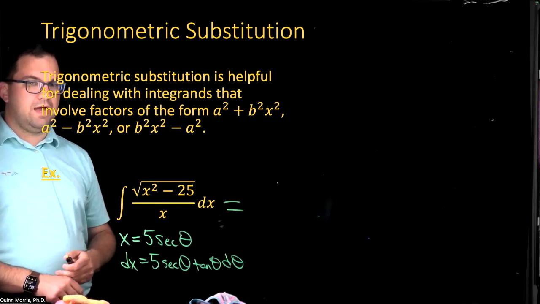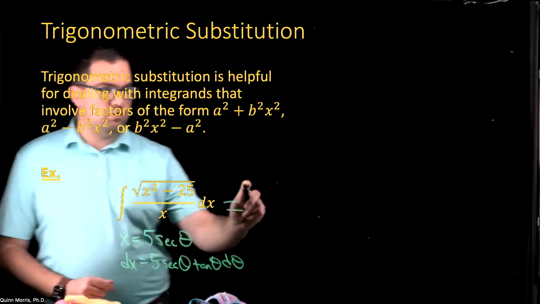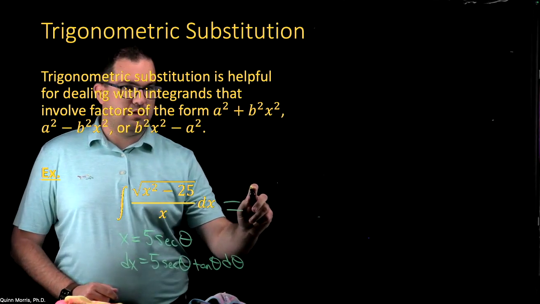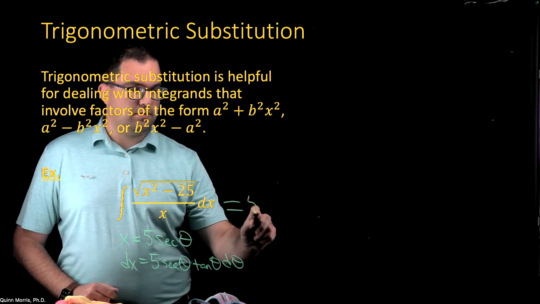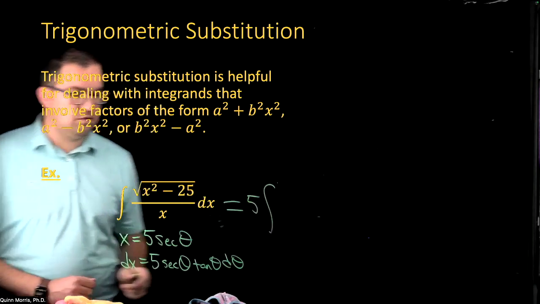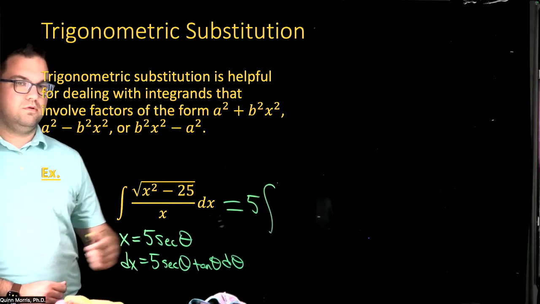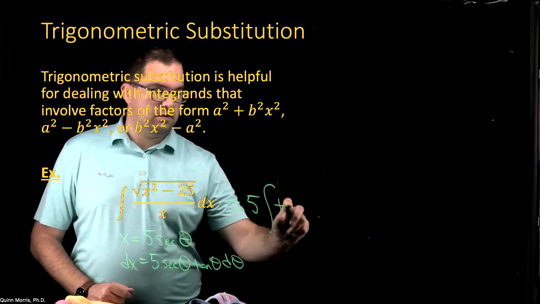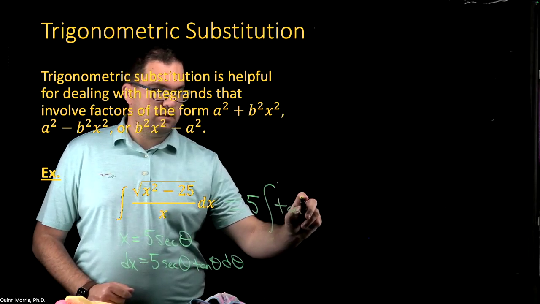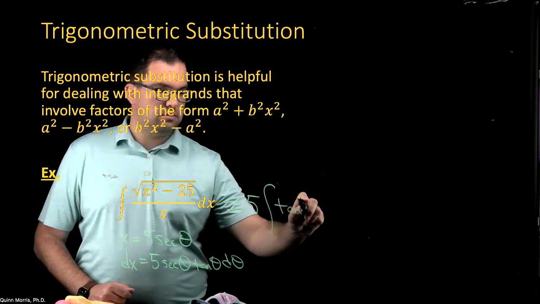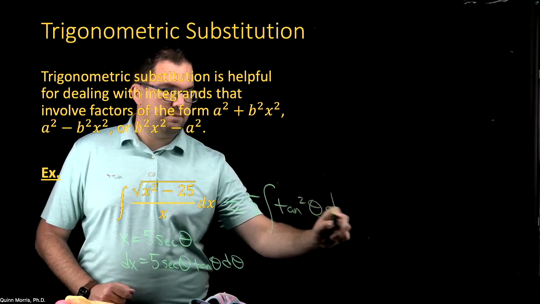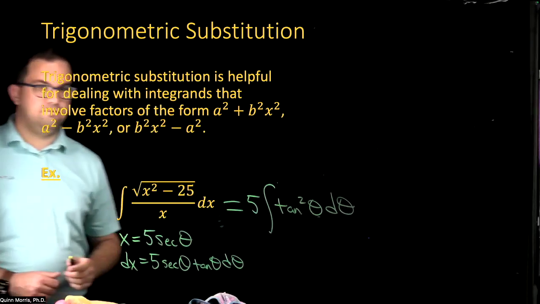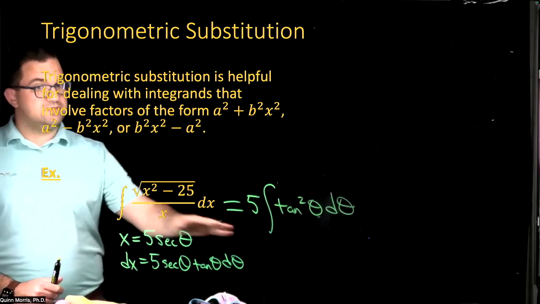Now, when I do that, I'm going to end up with 5 times the integral of tangent squared theta d theta. Okay. So again, I've sort of skipped some steps here.